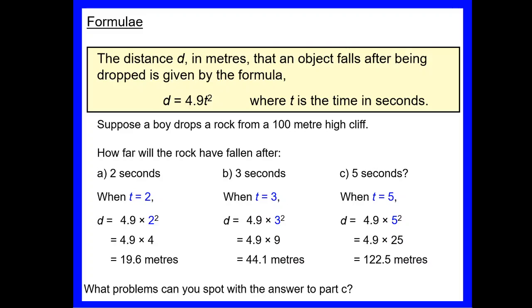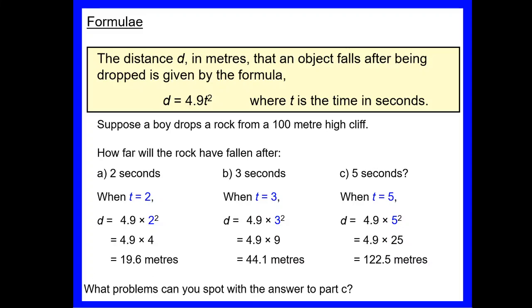Okay, well, hopefully you've spotted that it said at the top, the boy drops a rock from a 100-metre high cliff. So the cliff is only 100 metres high, and yet after 5 seconds, we're saying the rock has dropped 122.5. So essentially it's gone through the floor and further down, so that can't happen.